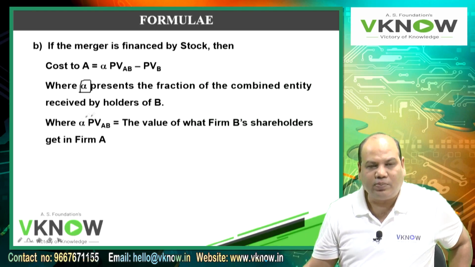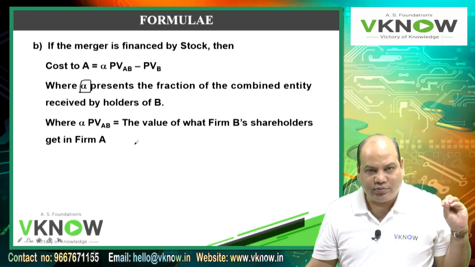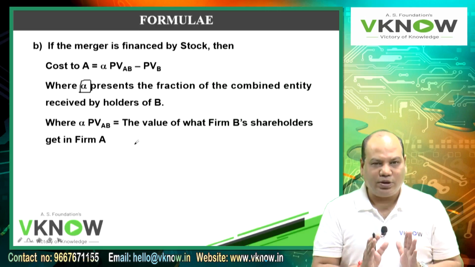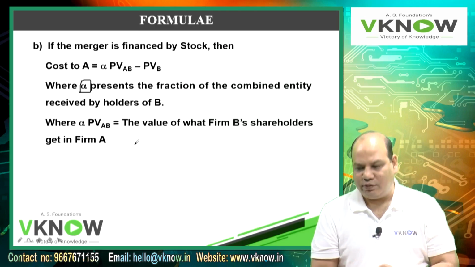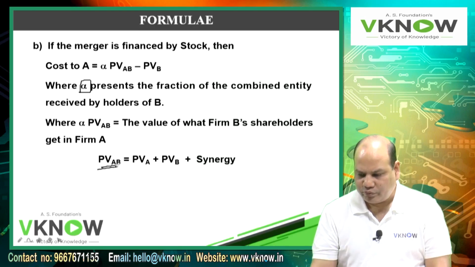And alpha multiplied by the post-merger market value of A and B is the value of what firm B's shareholders get in firm A. That means the value of the target company in the merged entity, called alpha into PVAB. The value of firm AB will be equal to PV of A plus PV of B plus synergy value.